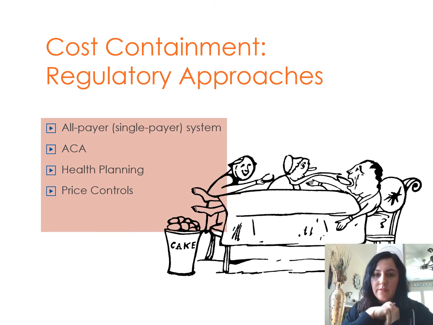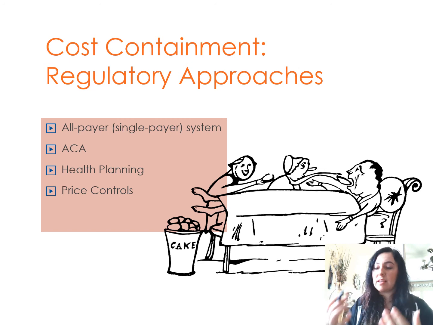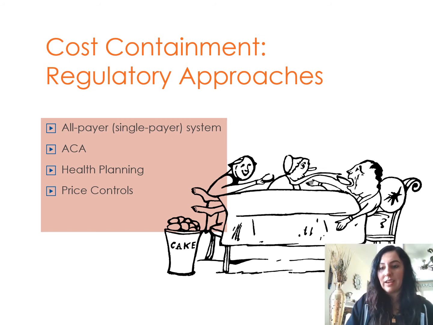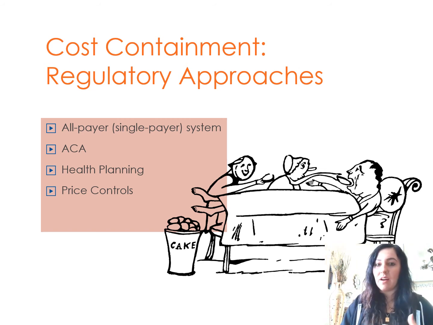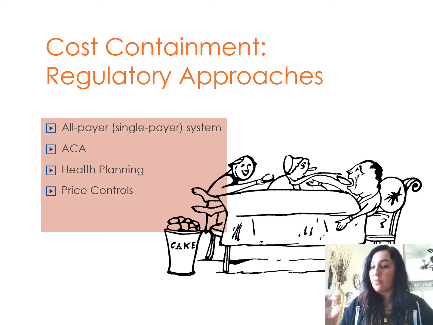That way we would do away with a lot of these unnecessary administrative costs and all these additional costs that our healthcare system is using. We can do away with a lot of these excess costs, okay?